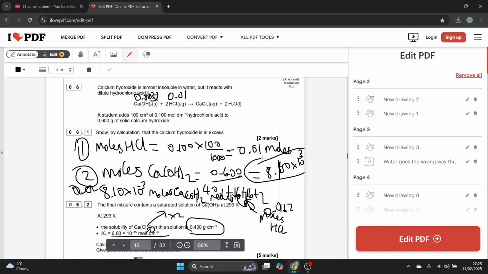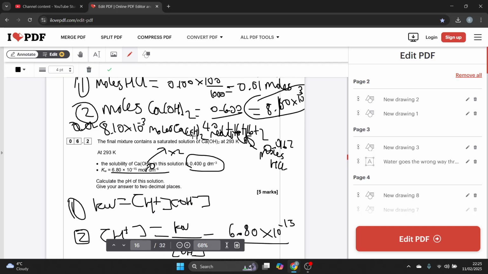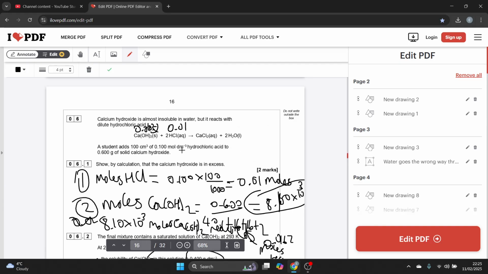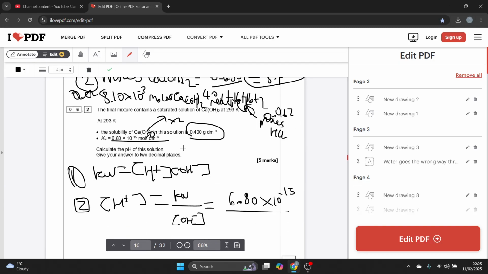Actually, no. I'm not going to use that because this says the final mixture contains this much saturated solution. So I know 0.40 grams per dm cubed.